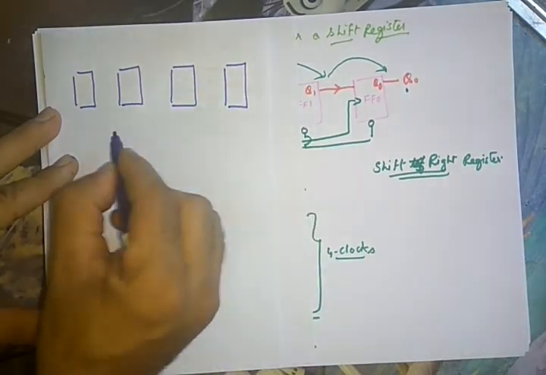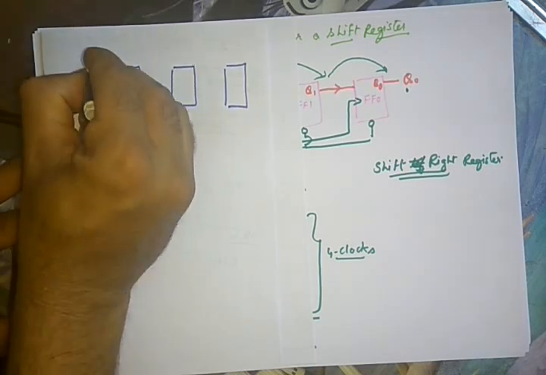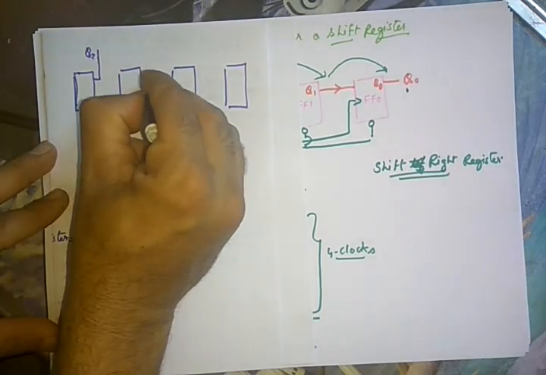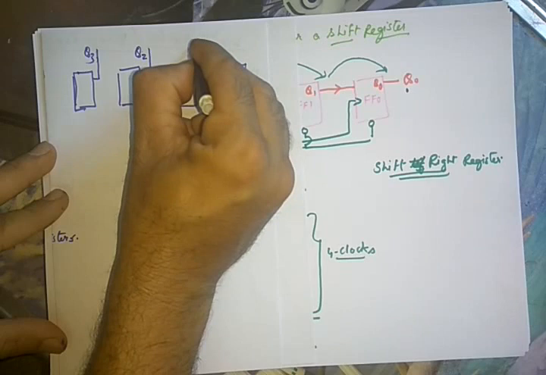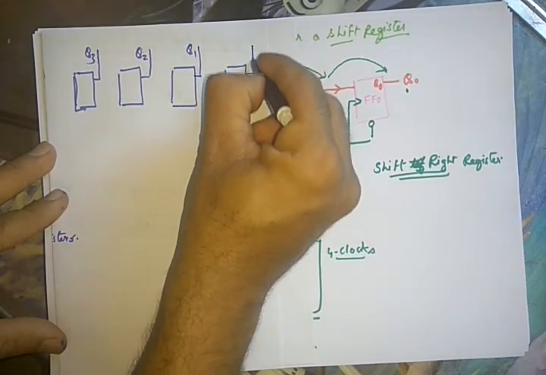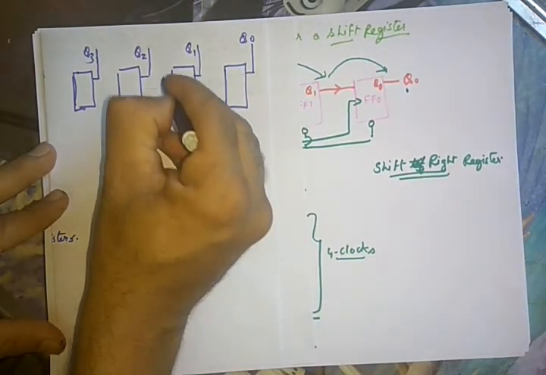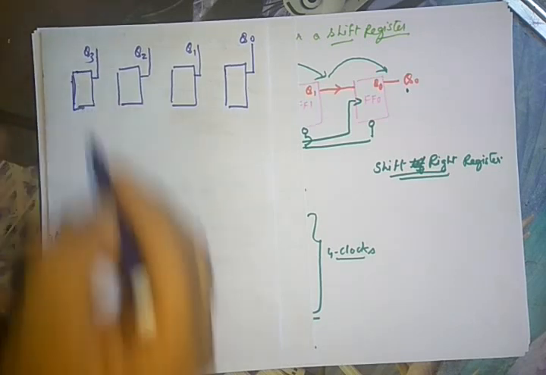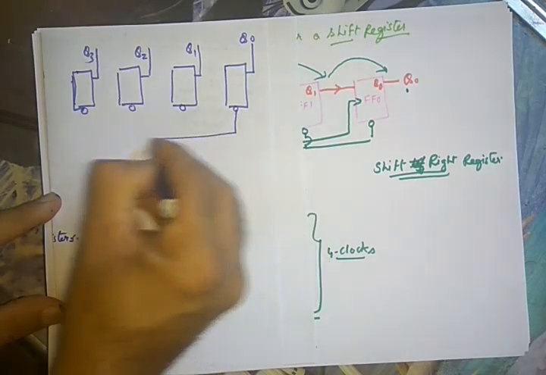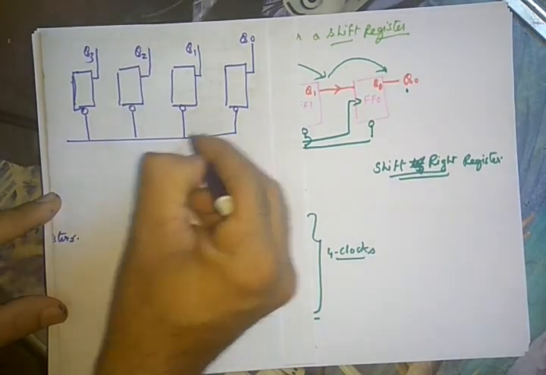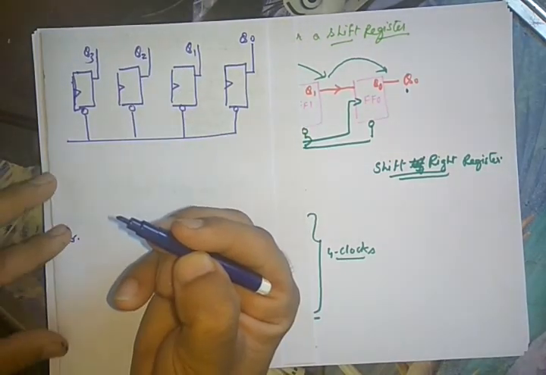लेफ्ट शिफ्ट रजिस्टर अगर आपको डिज़ाइन करना है तो आप, this is Q3, this is Q2, this is Q1, this is Q0, and this is your clear pin, and here we are using a positive edge triggered flip-flop.